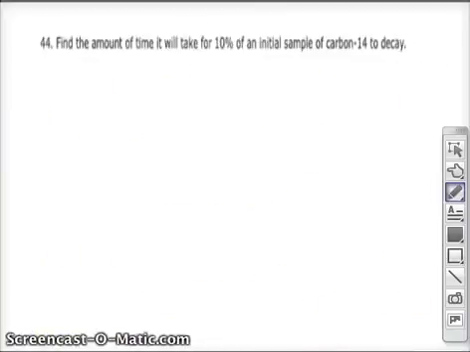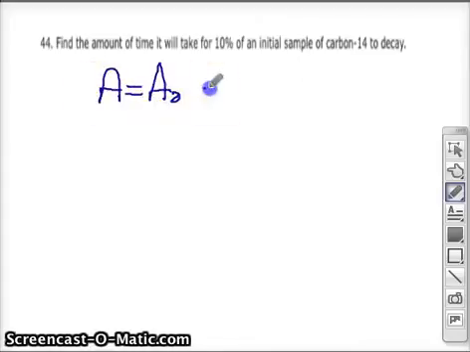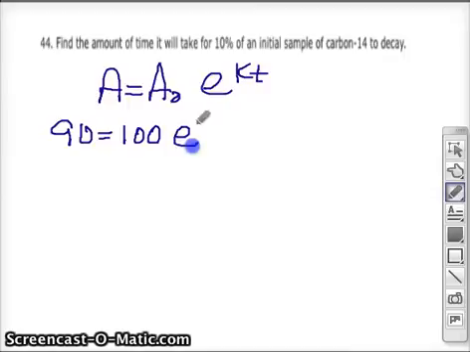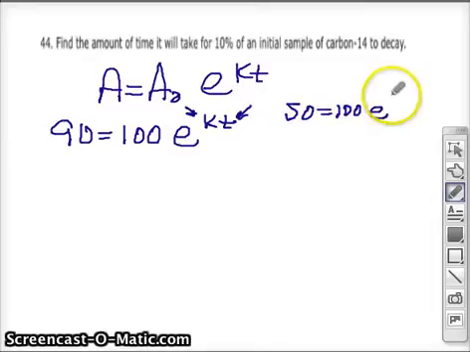44. Find the amount of time it will take for 10% of an initial sample of carbon-14 to decay. All right, so we're going to begin with this: our final amount is equal to our initial amount, e to the kt. Same thing, if 10% is decaying away, I've got 90% remaining. Now we're going to try to find time. We don't know k, so we're going to find k again. 50, which is half, is equal to the initial amount.